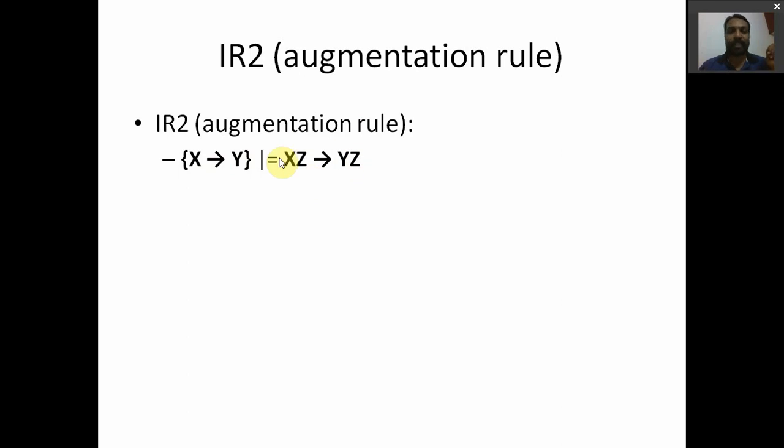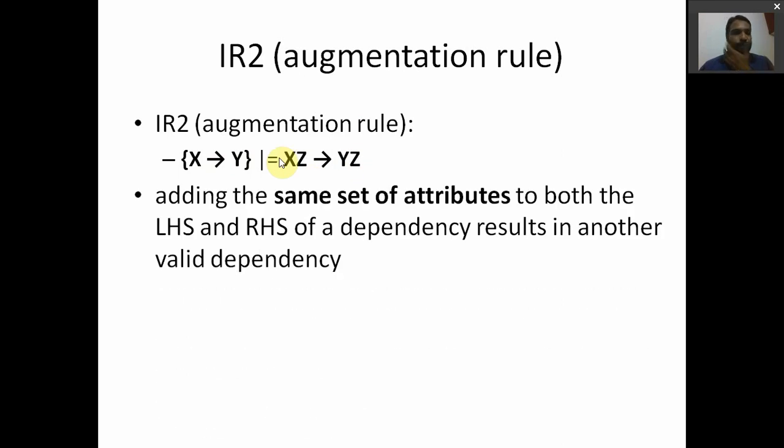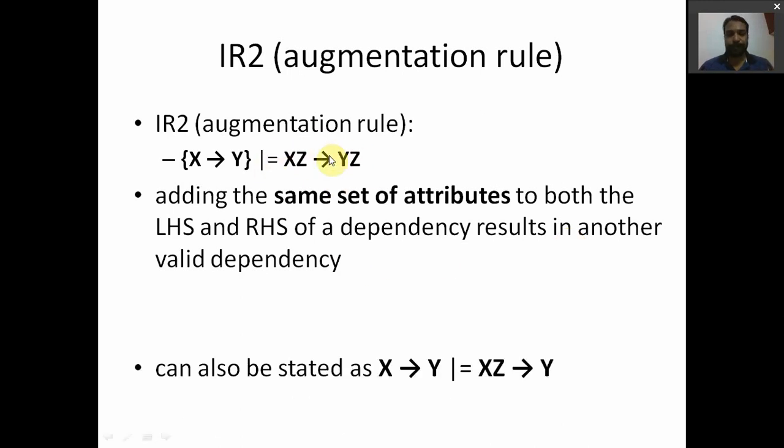So this is known as the augmentation rule. Adding the same set of attributes to both the LHS and RHS of a dependency results in another valid dependency.